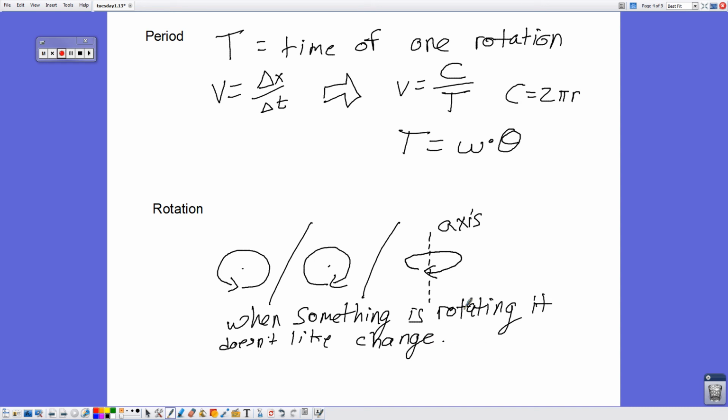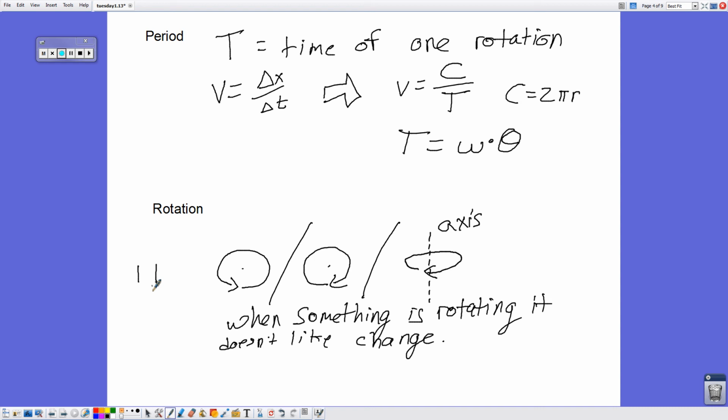Which means not just that if something's rotating in the clockwise direction, it's going to keep rotating in the clockwise direction forever, but it's going to keep rotating within the same plane as well. And this is what keeps tops, dreidels, and gyroscopes up.